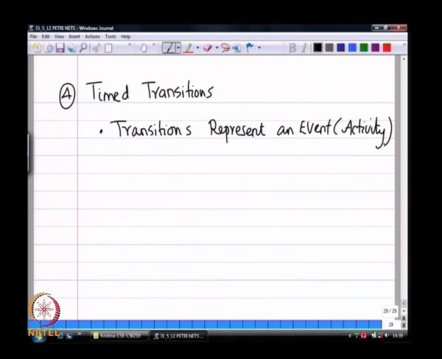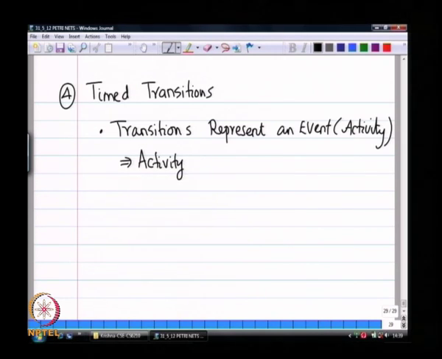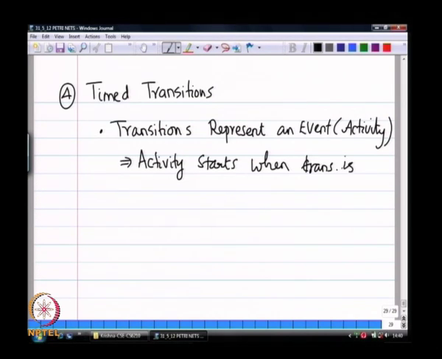That is what the transition represents. So there is a notion of a transition getting enabled, which means that the activity starts, but the actual firing of the transition will take place some tau units later. Transition enabling means the conditions are met, the transition is enabled, so all the preconditions are met.